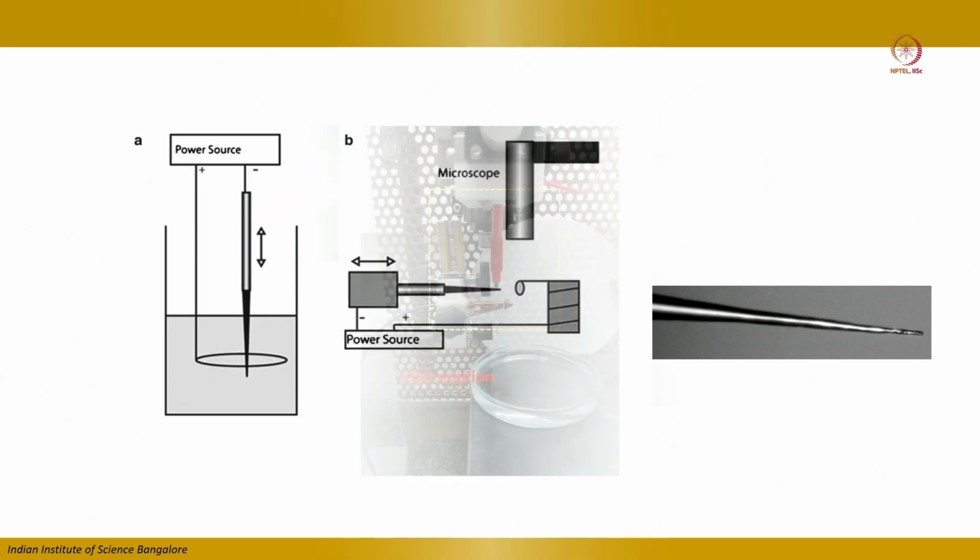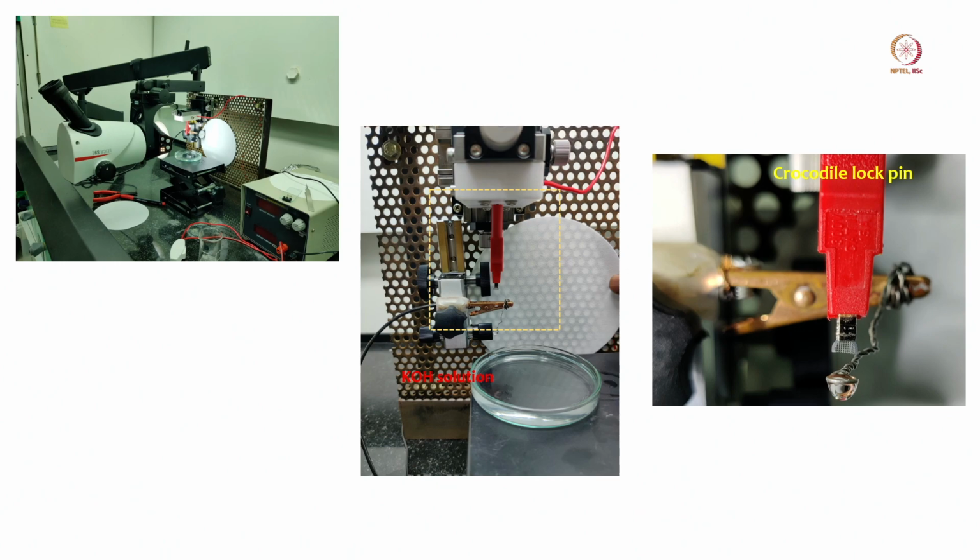Fine. So typically, as I told you, this is a setup which is in the ISC. Okay, so this is your optical microscope, and this particular part is that small fine polishing electrochemical cell. Okay, so here, if you zoom into this particular region, you have a crocodile clip.